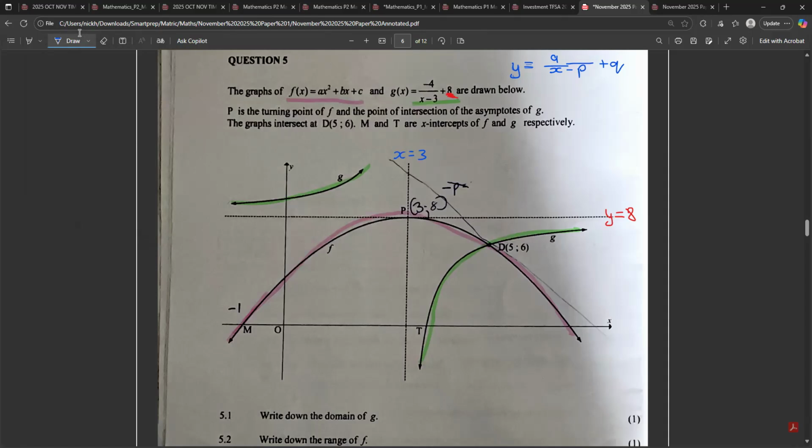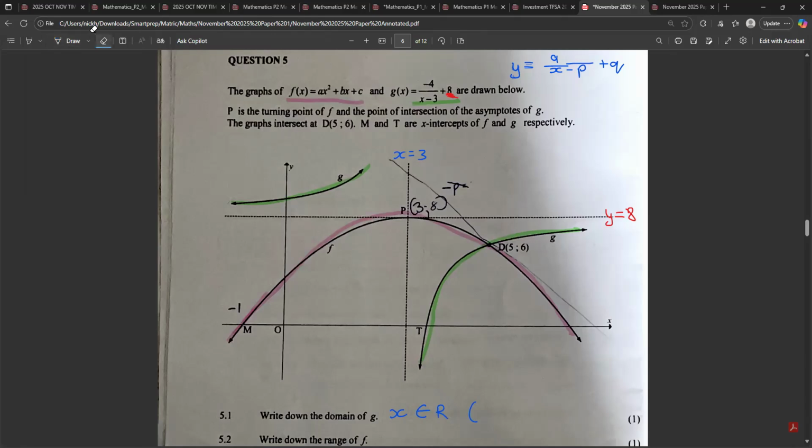Let's look at the first question, which says write down the domain of g. The domain is all the possible x values, so it can be everything except x equals 3. It'll be x is an element of the real numbers, but x cannot equal 3.